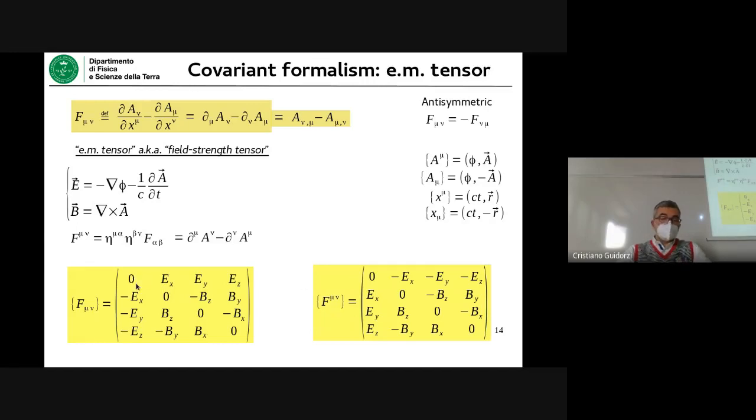But if you look at the spatial indices, you raise two, so you change sign twice, which is equivalent to no change of sign. In fact, the spatial part is exactly the same. The only part that changes sign is the mixed one: 1, 2, 0, 1, 0, 2, 0, 3, and also the column.